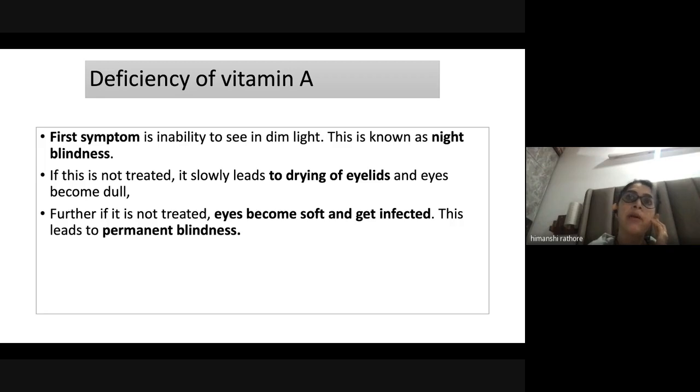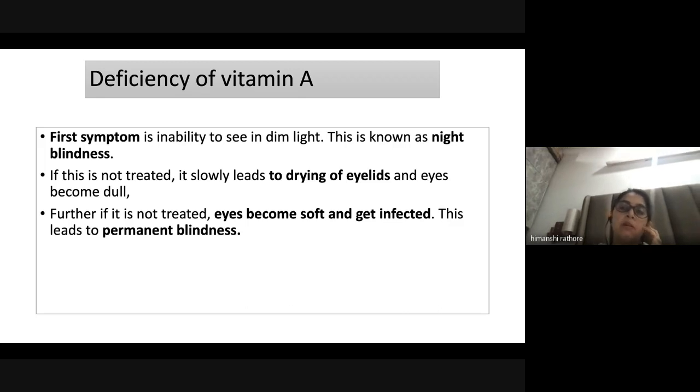So you require sunlight or a light to see properly. Inability to see in the dark or in dim light is called night blindness. This is the first stage of vitamin A deficiency. If you are not taking vitamin A properly, then first of all your eyes will stop seeing in the dark, and that condition is known as night blindness. As the name suggests, you are blind at night.